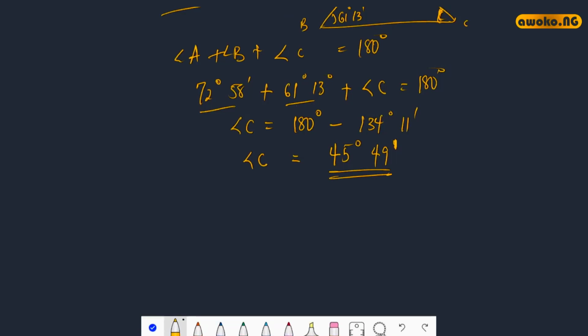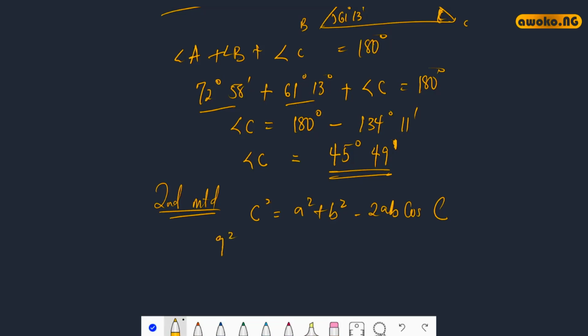Then we can also use another method. The second method is the normal method, which is c squared equals a squared plus b squared minus 2ab cos C. Is that okay? Now our c is equal to 9.